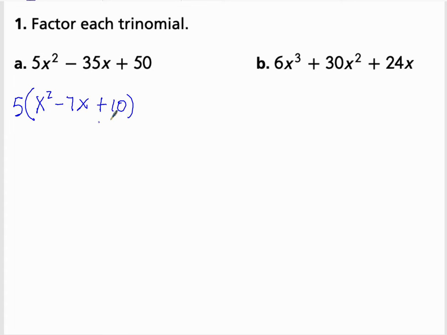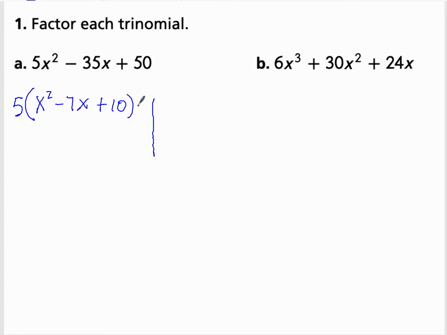And now I can factor this. So I need numbers that multiply to 10 and add to negative 7. So since this is positive and this is negative, they both need to be negative factors.